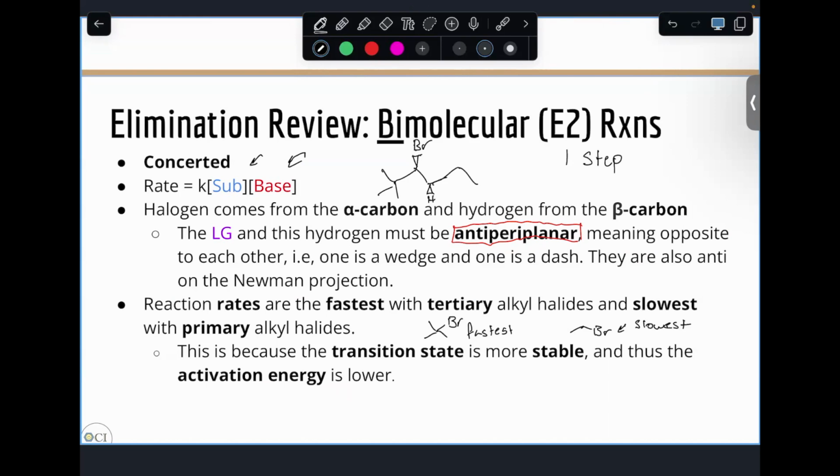They're both coming towards us. So we can't do E2 with that. A way you could do E2 with that is by rotating this single bond right here. So it'd give you something like this, kind of ugly, but that's what it would look like. It rotates it because these are on the same plane. They can't do E2.